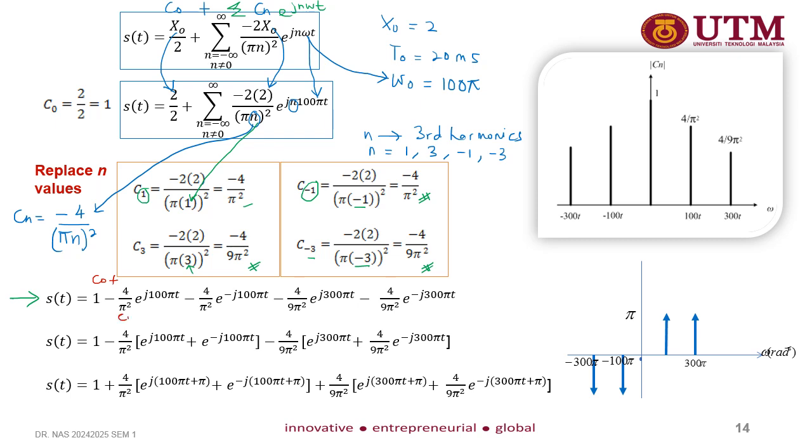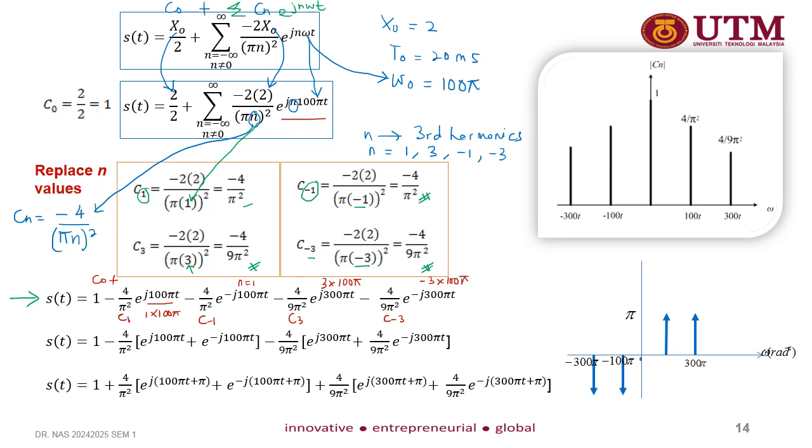So this is C1 times e^(j1 times 100 pi t), and then plus C-1, when n equals -1. Plus C3, in this case n equals 3 times your omega 100 pi, and C-3, n equals -3, so it's -3 times 100 pi.